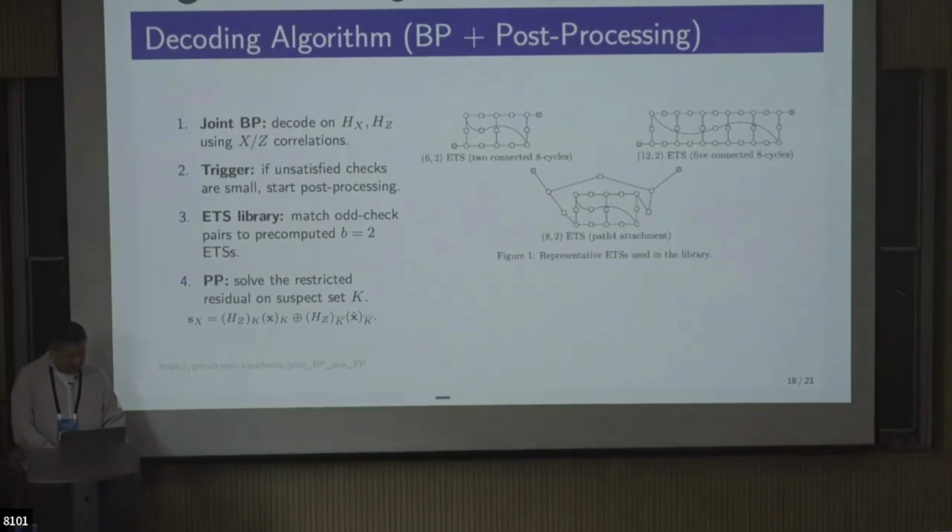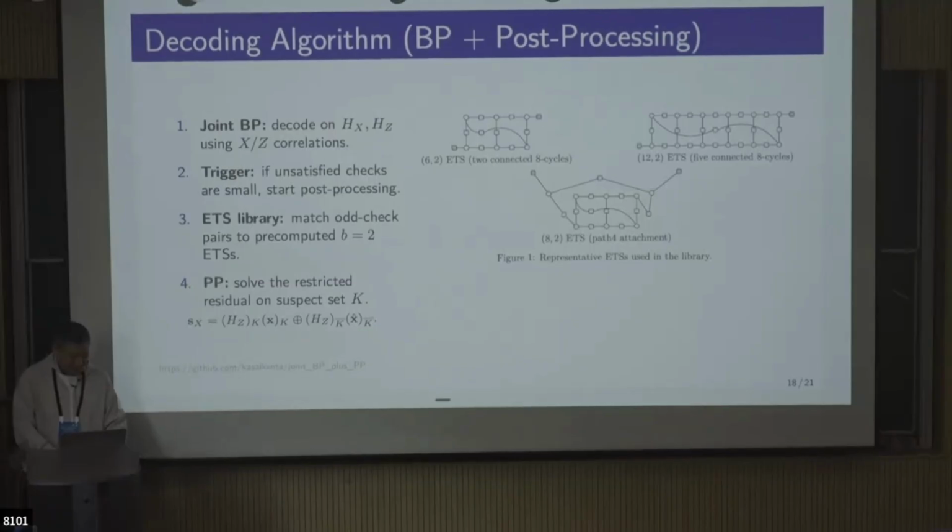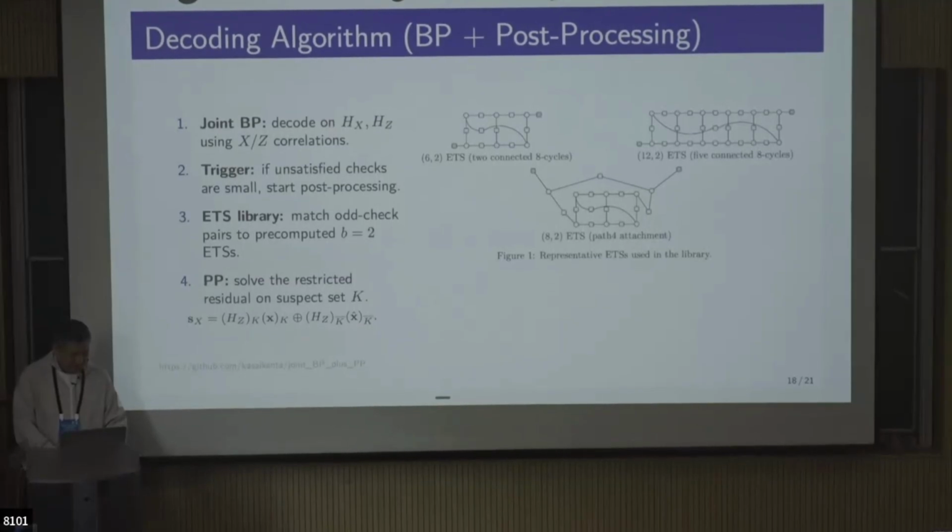In such a failure, the decoding is often trapped by a small harmful structure in the Tanner graph. The idea of the post-processing is to remember these harmful structures in advance, and we enumerate the small elementary trapping set patterns that can trap BP and store them in the ETS library.